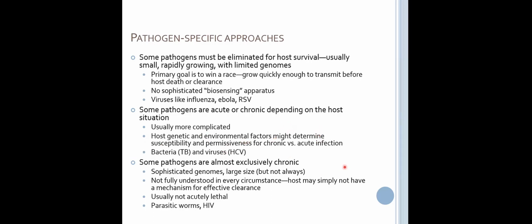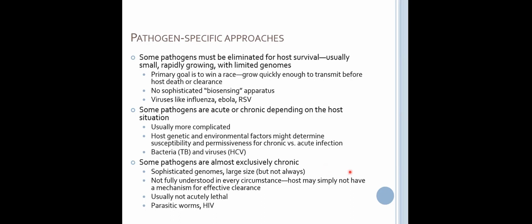And then some pathogens are almost exclusively chronic, and again, not always, but usually these are much more sophisticated genomes, very large genomes that have a lot more interaction with the host and feedback from the host. What determines chronicity here is not always fully understood in every circumstance. And it could be that the host has actually just not evolved a mechanism for effective clearance.